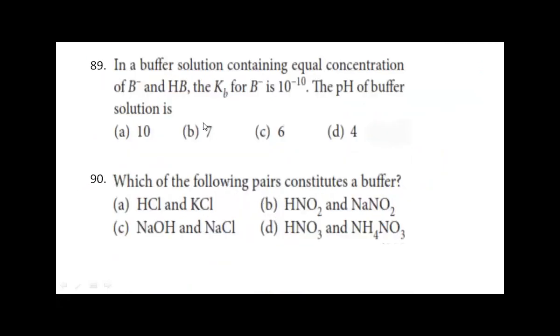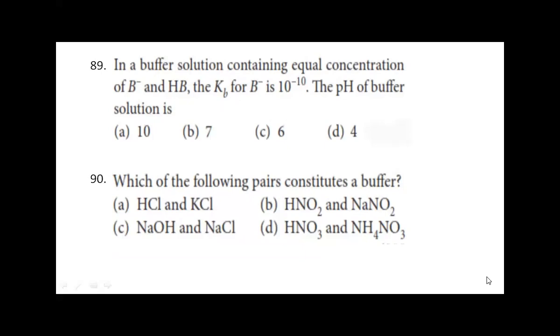Yes, next question. In the buffer solution containing equal concentration of B minus and HB, the Kb for B minus is 10 raised to minus 10. The pH of the buffer solution is? Okay, they have given us HB.